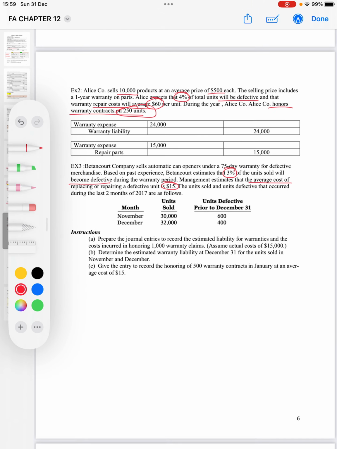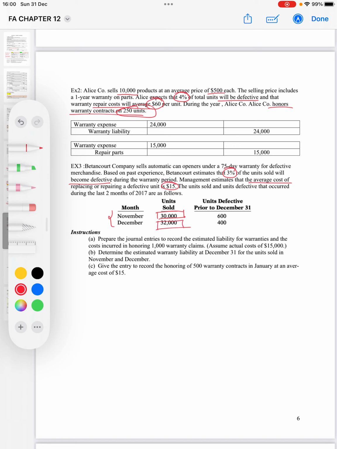And they provide you 2 months, November and December. For each month, they have different units sold and different units defective prior to December 31. For November, the units sold are 30,000, and for December 32,000.